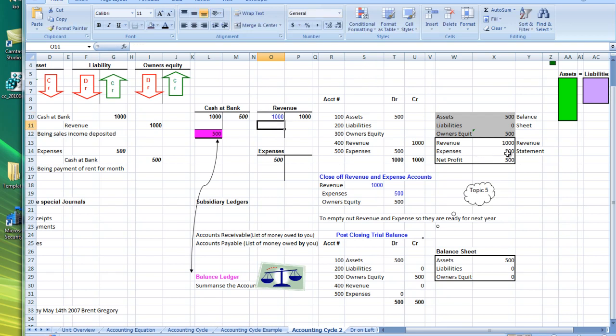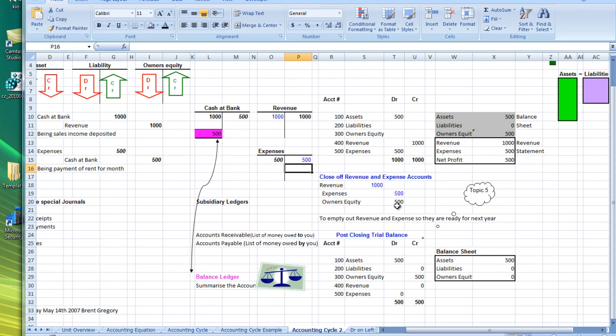Our expenses are $500, so we will credit expenses. They're currently a debit balance. We will credit expenses 500 to bring that back to zero, and then the difference will go into our owner's equity account.